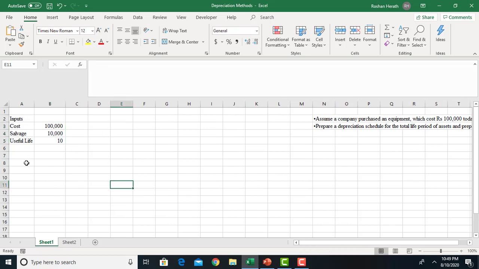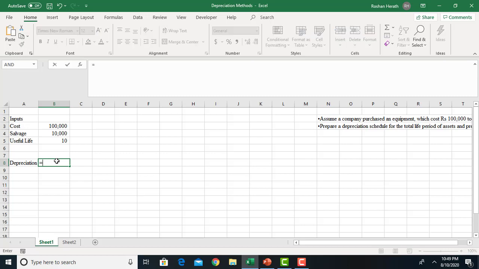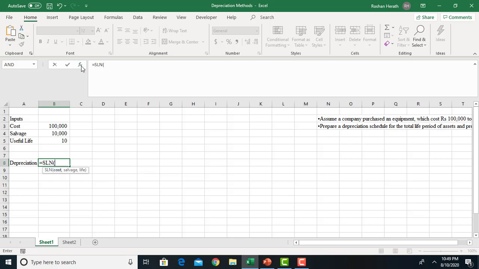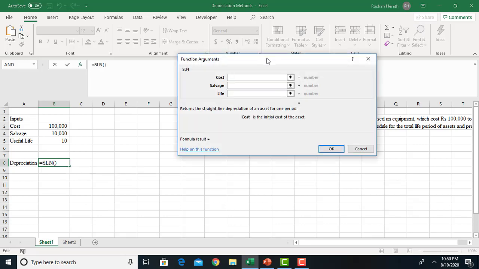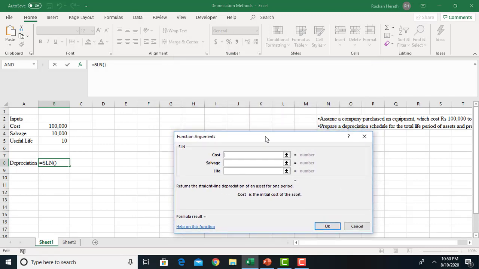Now let's compute the depreciation. We are going to compute the annual depreciation. You can use the formula SLN, then you can take the expanded form of the formula. Here you can input the information. The cost is there, you may refer to that.